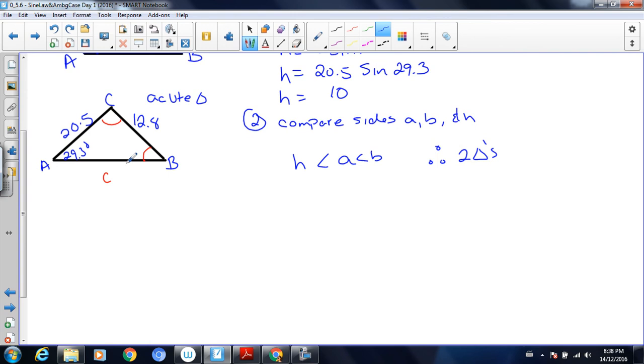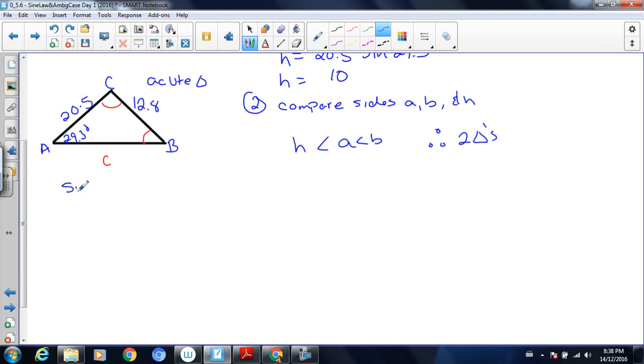So now, how do I do that? Well, simple. I have a side angle pair. Side A is 12.8 and angle A is 29.3. If I have a side angle pair, I can solve for another side or angle depending on what's given to me. Since I have side B, I can solve for angle B using the sine law.